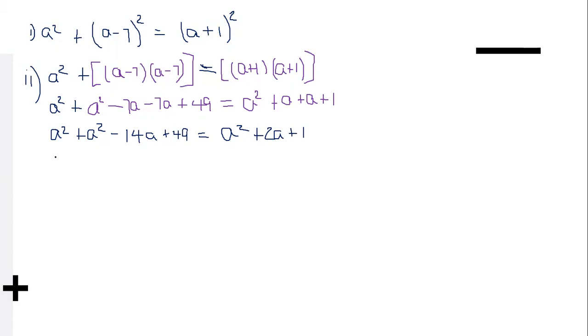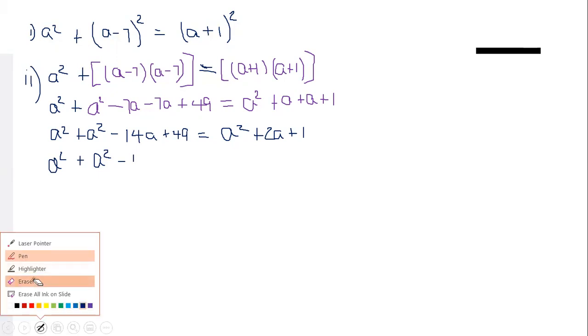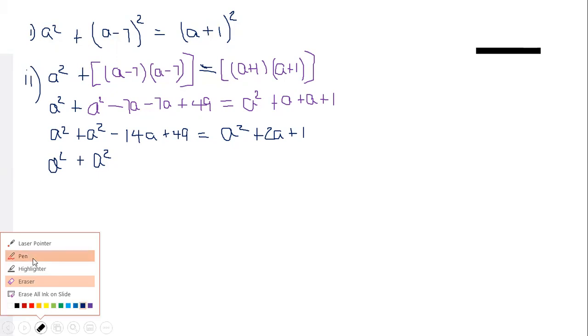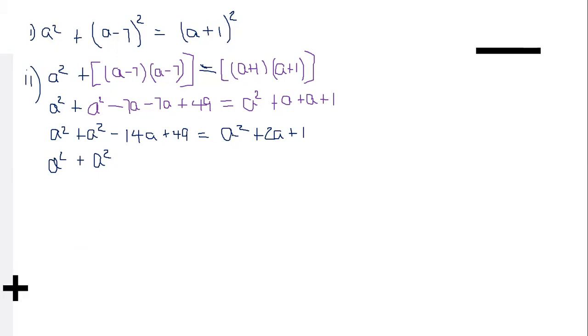All right, so let us group some like terms. Let's put all the A's on the left side. So let's group them up. A squared plus A squared, just follow. Let's carry over this A squared. So it becomes minus A squared because it crosses the equal sign.